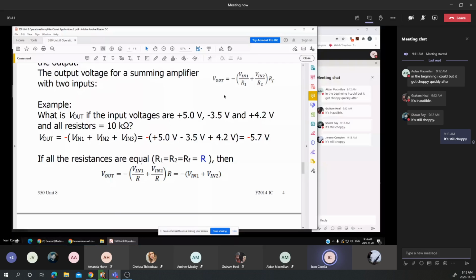Now we are looking to have a summing amplifier with unity gain, and the condition to have unity gain is that the output is the sum of all the input voltages with the negative sign in front.